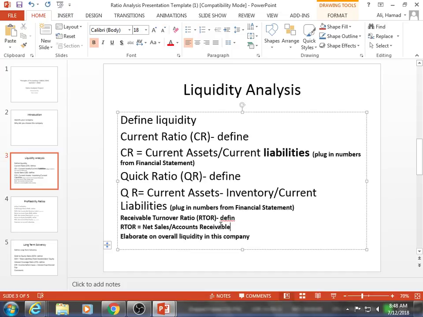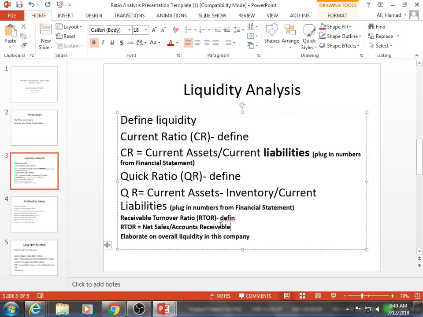Remember in accounting 1, when we talked about management of accounts receivable, the bad debt expense or allowance for doubtful accounts?